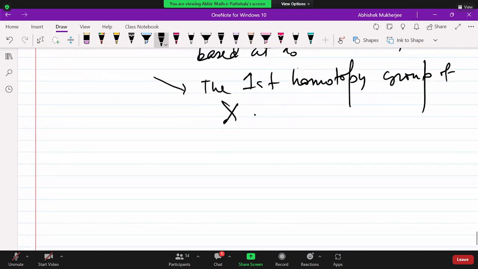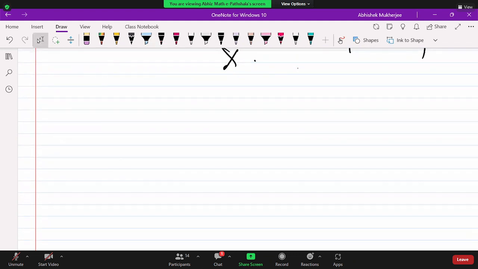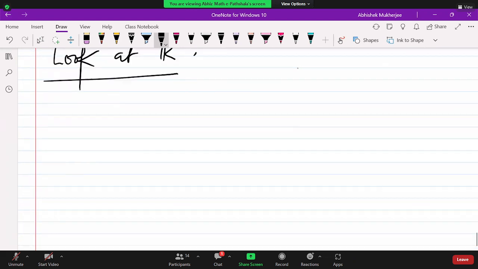Just look at this example that we have already seen, that R n is contractible. Look at the n-dimensional Euclidean space.